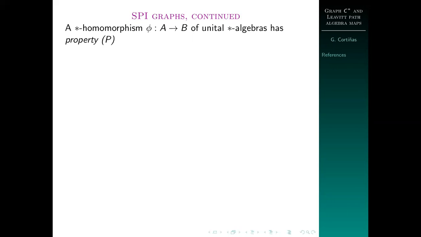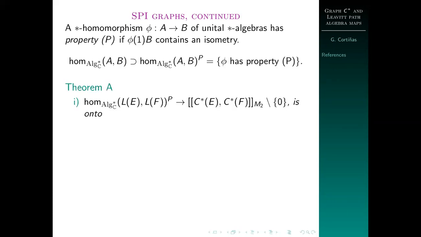So a star homomorphism between unital star algebras is said to have property P if phi of 1_B contains an isometry. So that is, there is an X in phi(1_B) such that X star X is 1 and X X star is less, as a projection, than phi(1).